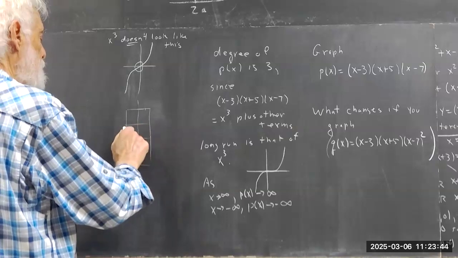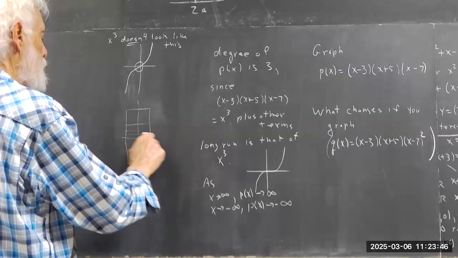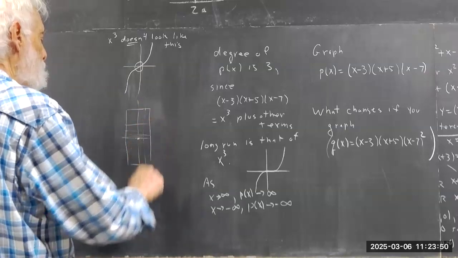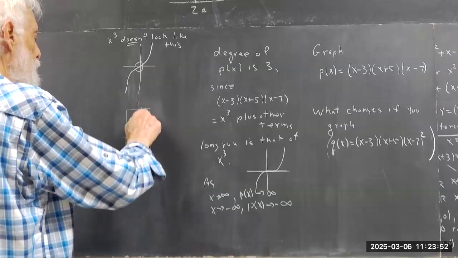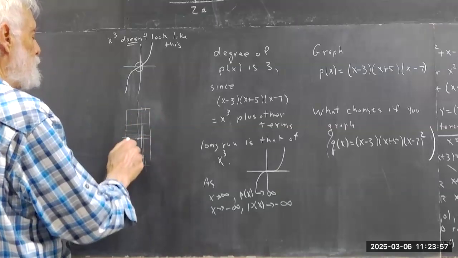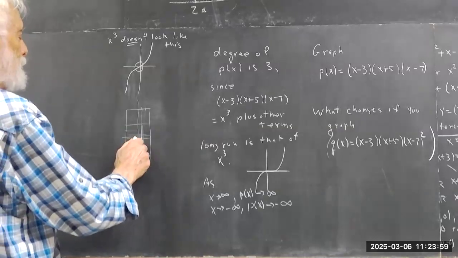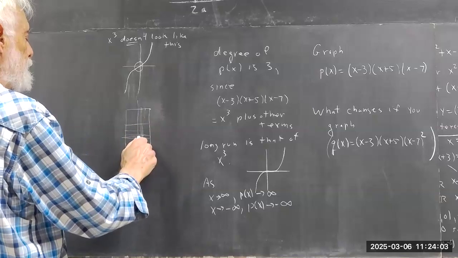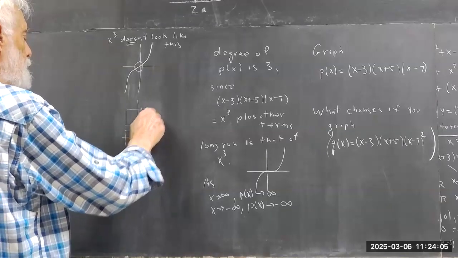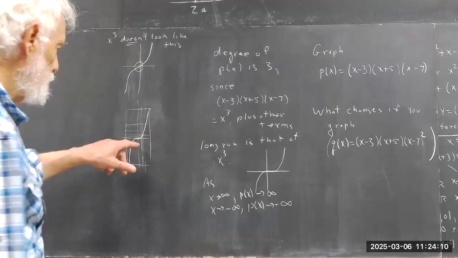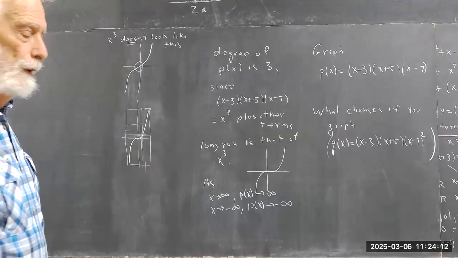So subdivide. And it keeps subdividing for a long time. And the point you get here is so close to the x-axis, you can't even distinguish it. Same thing over here. Then the next point's like here, and the next point's like here. And the graph is going to be like this and like this.